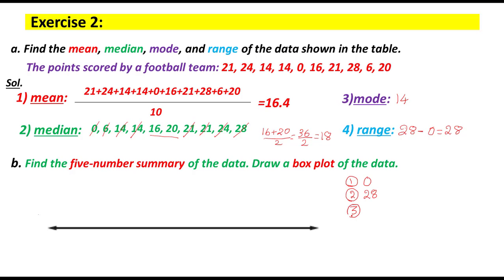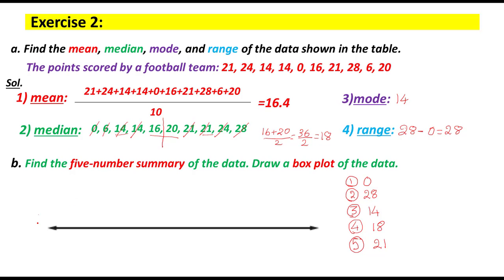Number 3, the first quartile, let's look here; my median is here in the middle, and I got it before, it was 18. Finally, my third quartile: 1, 2, 3, 4, 5. The number in the middle is 21.